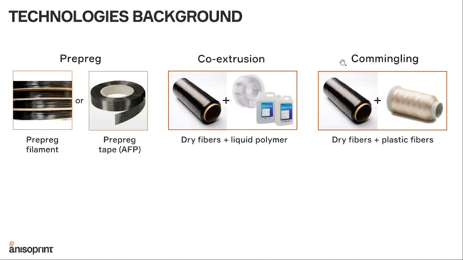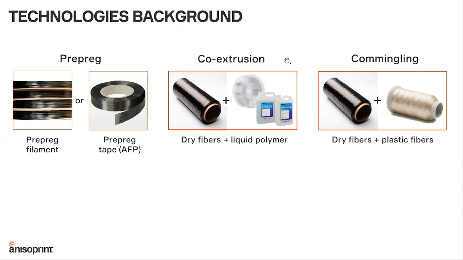So the prepreg approach is when you preliminarily impregnate, which is where the prepreg comes from, you preliminarily mix fibers and matrix materials together, and then you get the material already, and then in the manufacturing process you shape it, you give it a form.